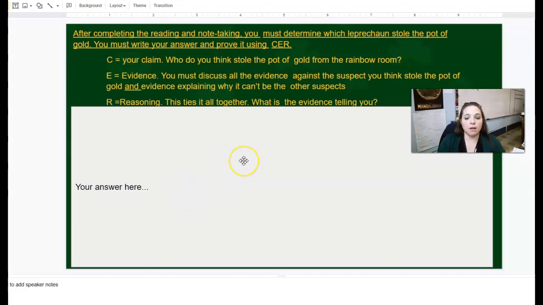Evidence: you must discuss all the evidence against your suspect, who you think stole the pot of gold, and then explain why the others couldn't have, aren't suspects. And then finally, the reasoning. What ties it all together? What is the evidence telling you? You gave me all this evidence. What is it saying? Why does it say that it is this person?